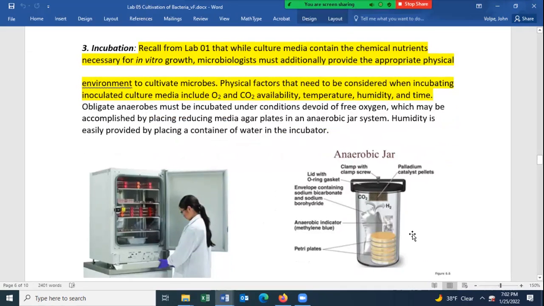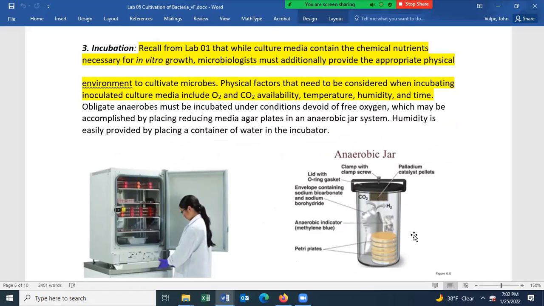All right. After you put the bacteria on a culture, you then incubate it, and that puts it in a device giving an appropriate environment to culture microbes. There are various physical factors that the incubator can do. Here is an actual incubator. Complicated incubators can provide a specific oxygen environment, a specific CO2 environment.